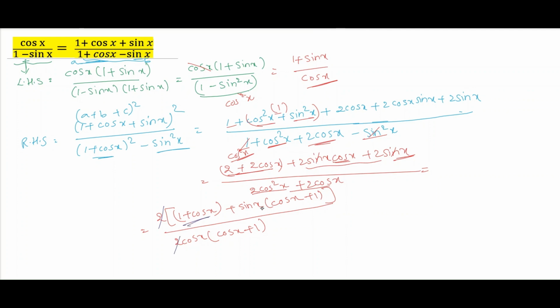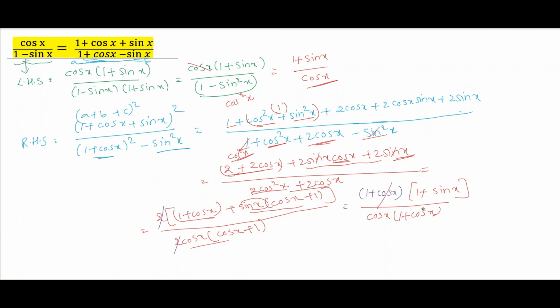In the numerator, we have 2 terms from which we can take 1 plus cos x out. From this term, we'll have only 1. So 1 plus, in the second term, we'll have sin x. So 1 plus sin x upon, in the denominator, we have here cos x into 1 plus cos x.